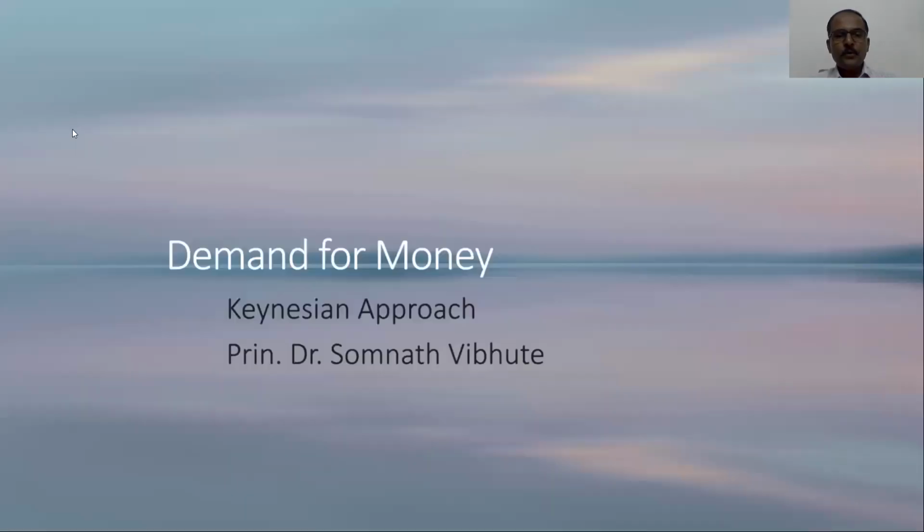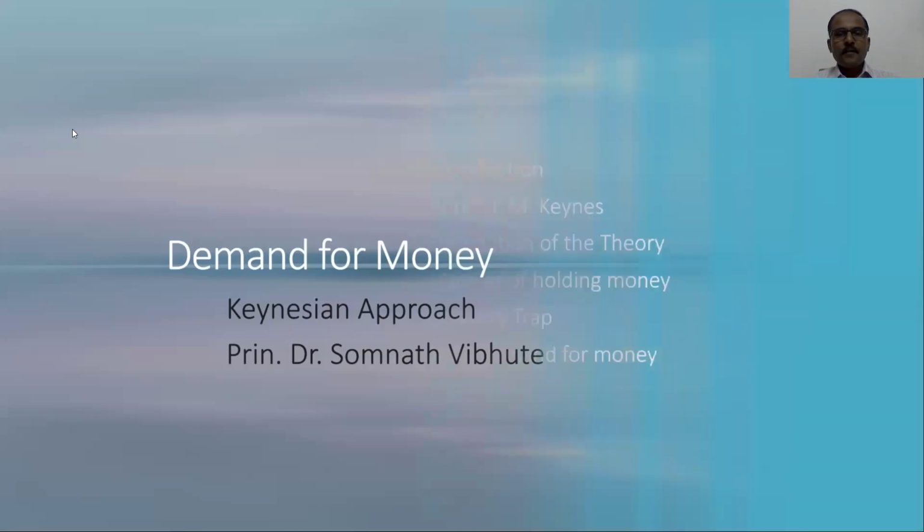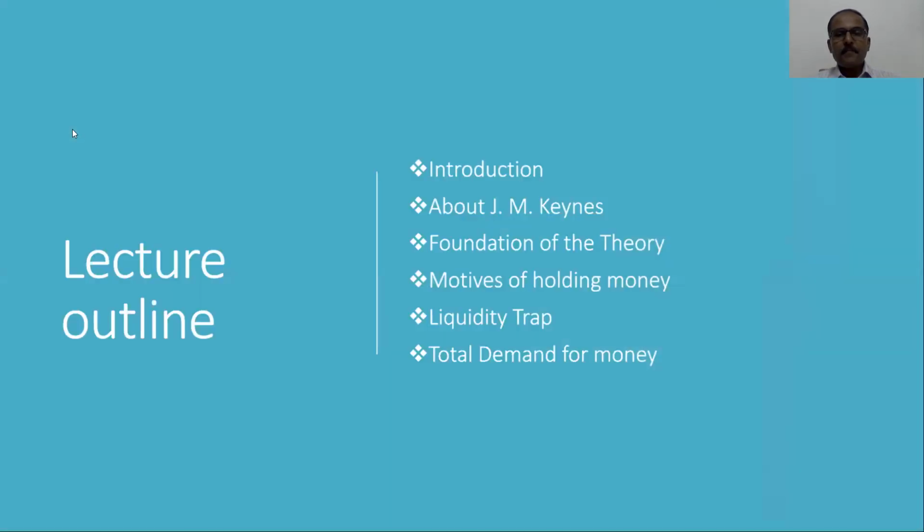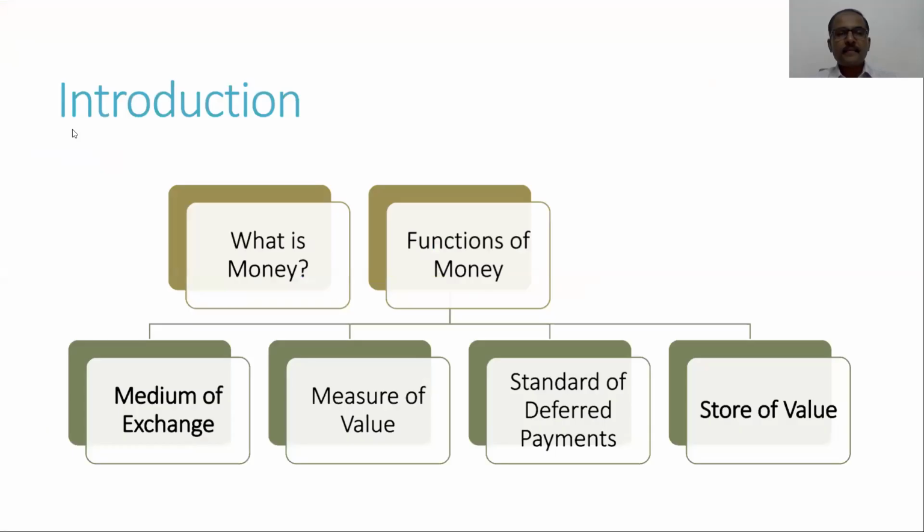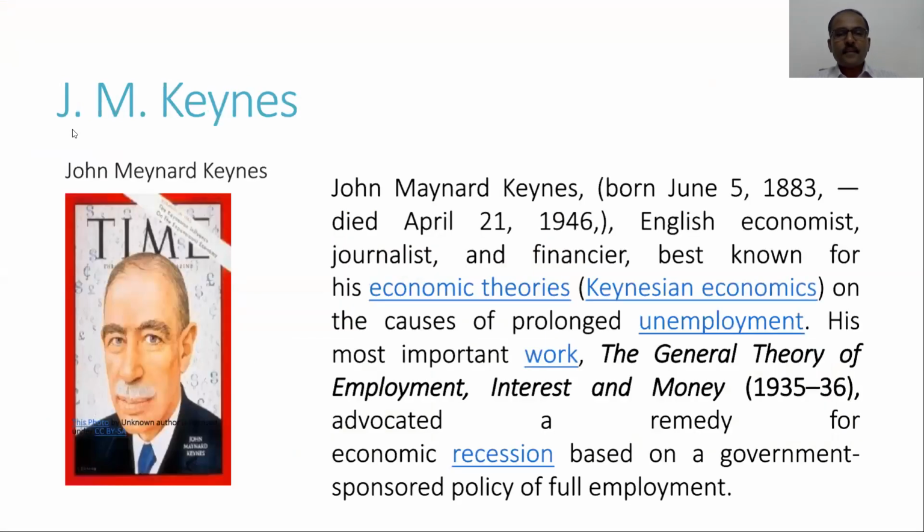As I told you in the introductory aspect, the demand for money raises questions like why people demand money, okay? What are the determinants of the demand for money? And then we have seen the causes for the demand for money.